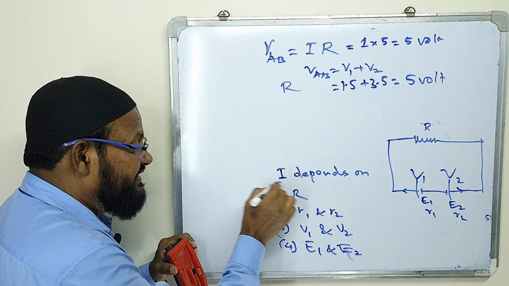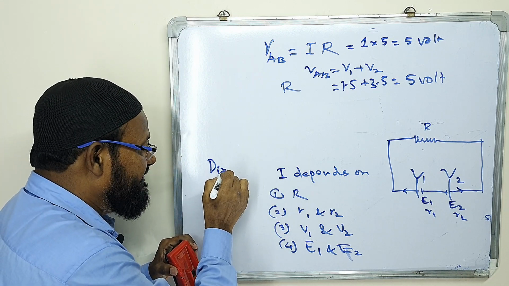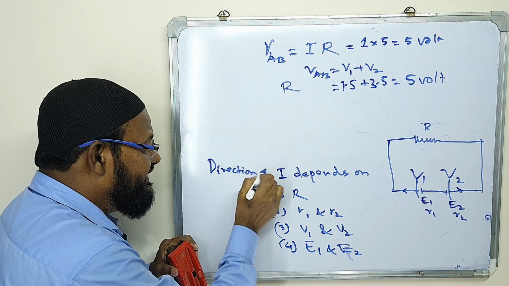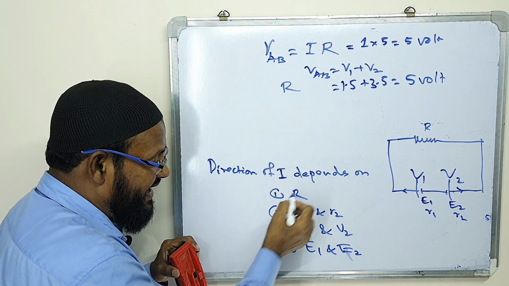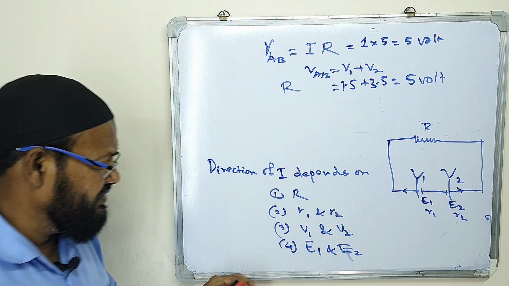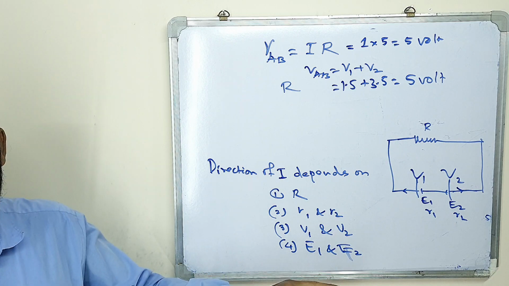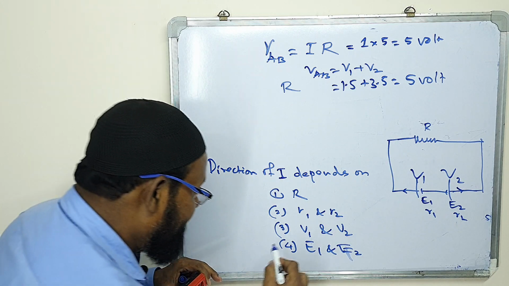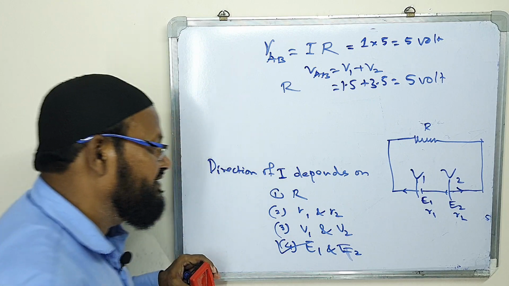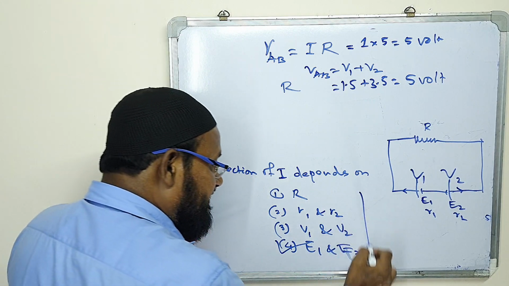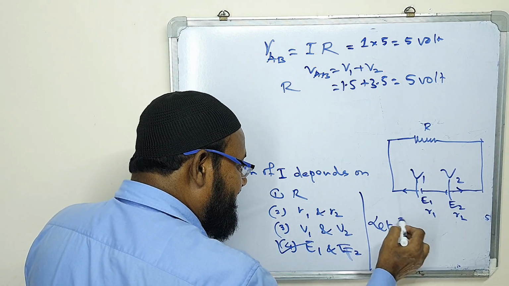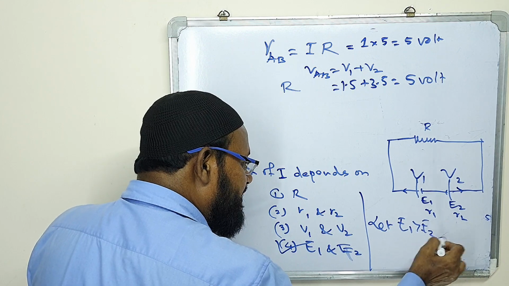What is this? Direction of I. What is the answer? Sir, the direction of I depends on R, R1, R2, V1, V2 and E1, E2. Sir, what is the answer? The answer is E1, E2. In this case, I am taking, let E1 be greater than E2.